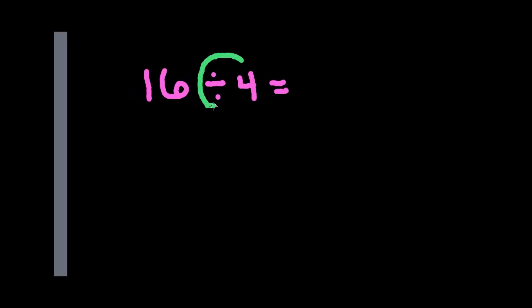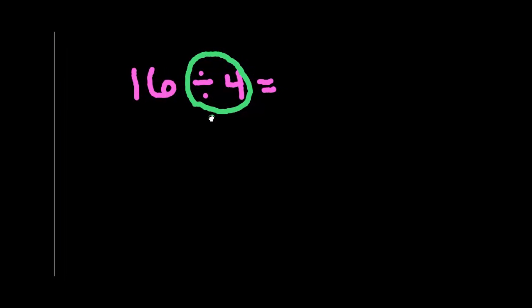Let's try another one: 16 divided by 4. If we use our divided by 4 trick, our action is on the 16.